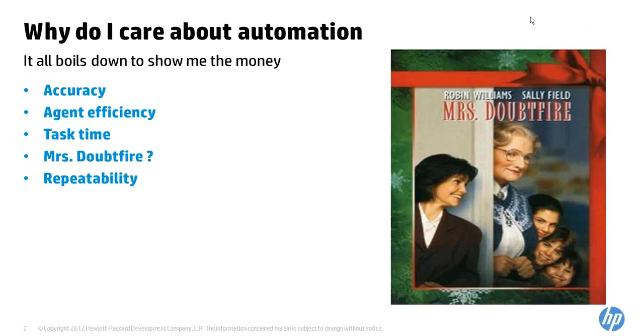Now, what does that have to do with anything related to IT? Well, my point here is that one of the key advantages of automation is that you don't need to babysit activities that your IT teams are doing. And so as an example, I'll give you this case out of our HP R&D team.